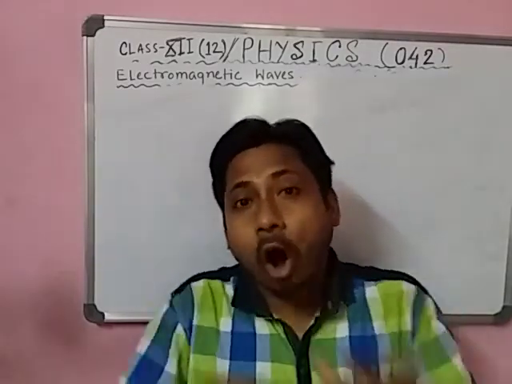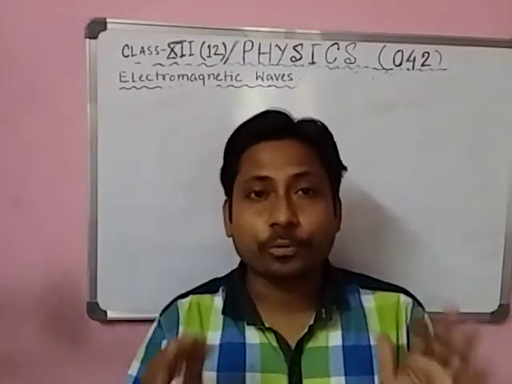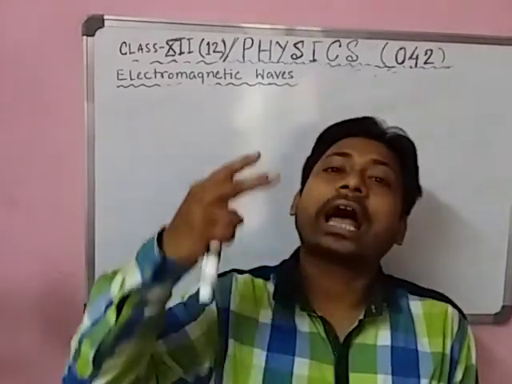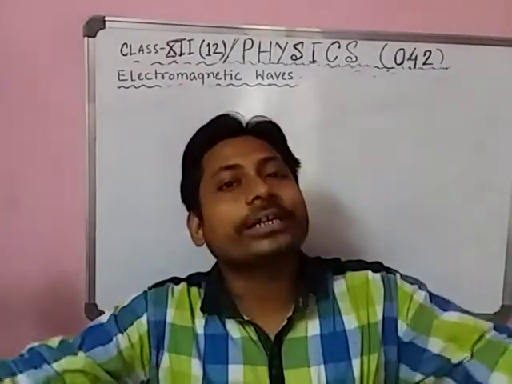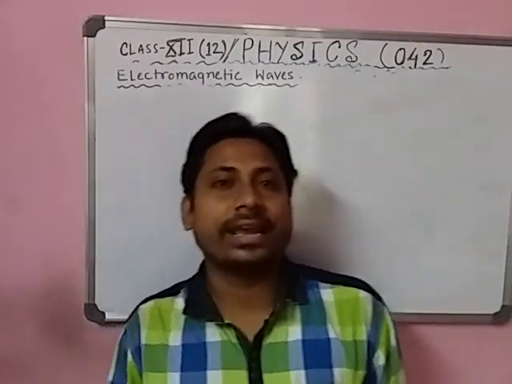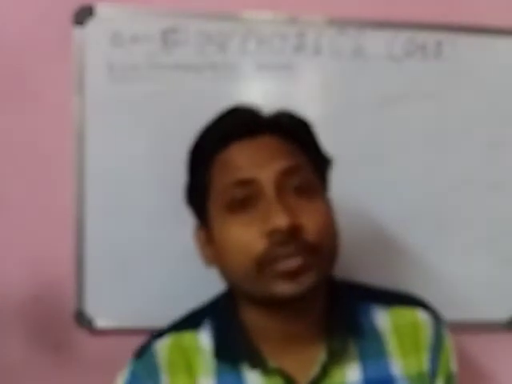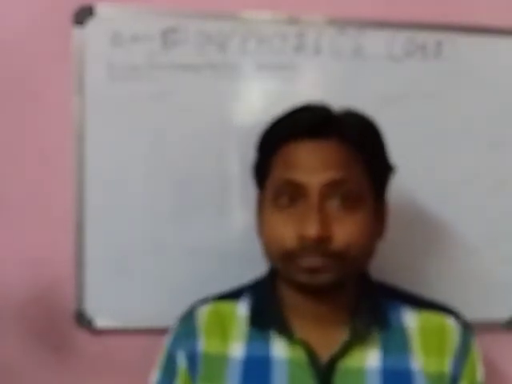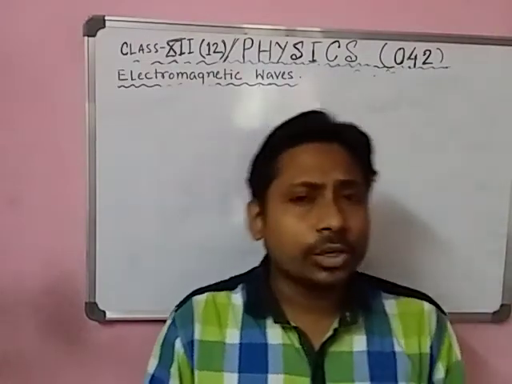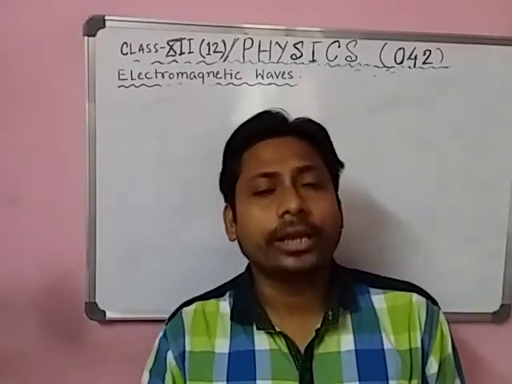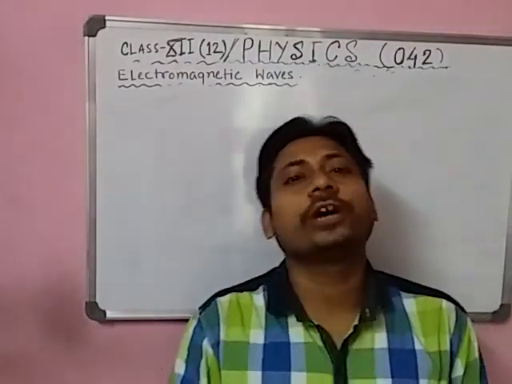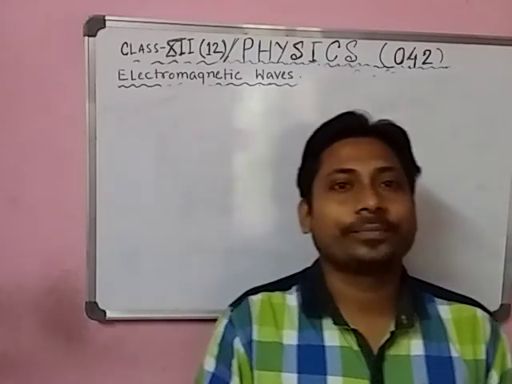So students, for all types of EM waves you have to prepare 2 sources and 2 uses, like ultraviolet ray, gamma ray, X-ray, microwave, infrared. What is the source of infrared? Red hot body. Okay, and the uses of infrared, uses of X-ray. So you have to prepare the 2 uses and 2 sources of EM waves. Okay, thank you for watching.